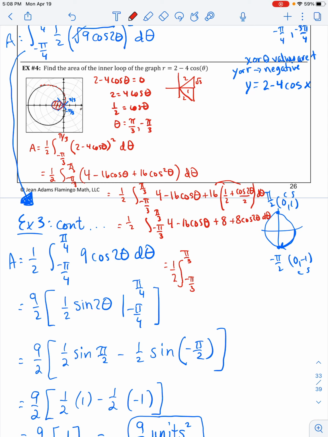So this is going to be 1/2 integral from negative pi over 3 to positive pi over 3. I'm going to add my 4 and my 8, giving me 12 minus 16 cosine theta plus 8 cosine 2 theta d theta.